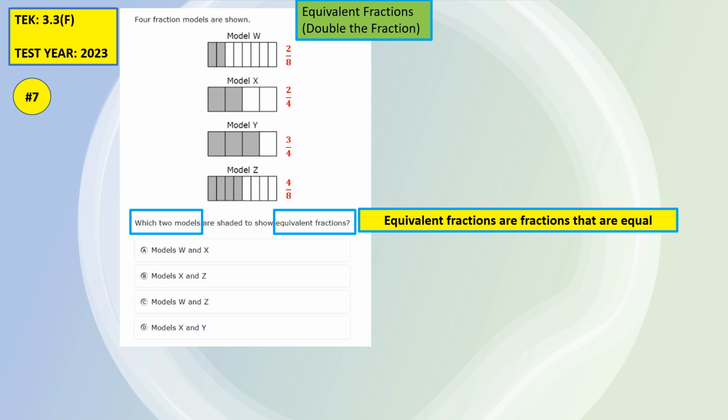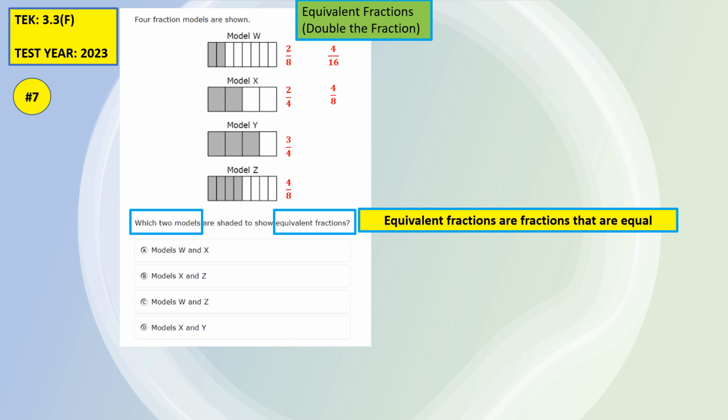For example, for model W, 2/8 is equal to 4/16 because 2 plus 2 is 4, 8 plus 8 is 16. 2/4 is equal to 4/8. 2 plus 2 is 4, 4 plus 4 is 8. And if you look at it, 4/8, model X, model Z is 4/8. I think we've already found our equivalent fraction, but let's keep going.